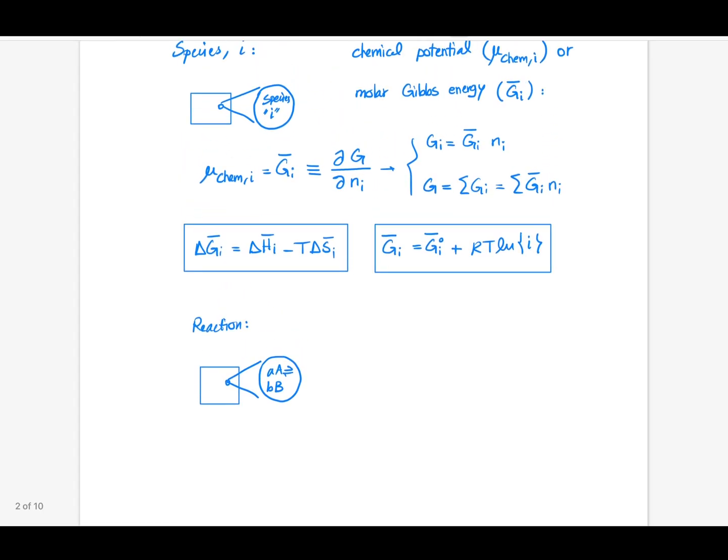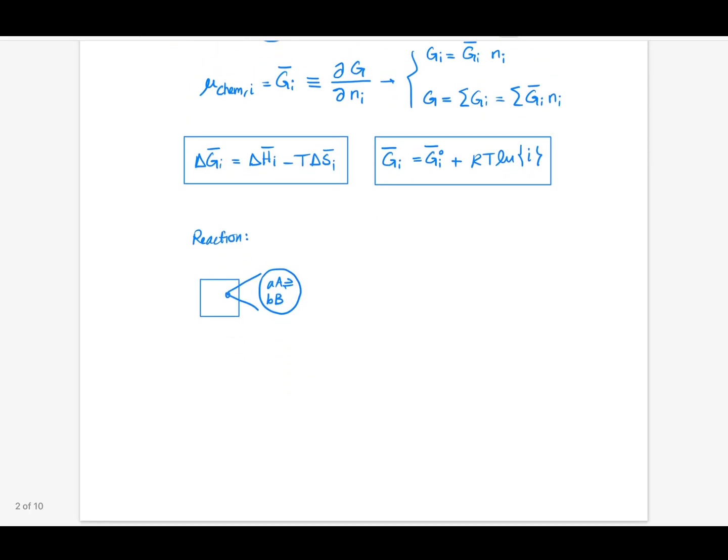So this A and B could be this I and J. For the reaction, we mentioned that delta G of the reaction, the molar delta G, is a combination of all the G_i molar, considering their stoichiometric coefficients. So this was how to calculate delta G of reaction.